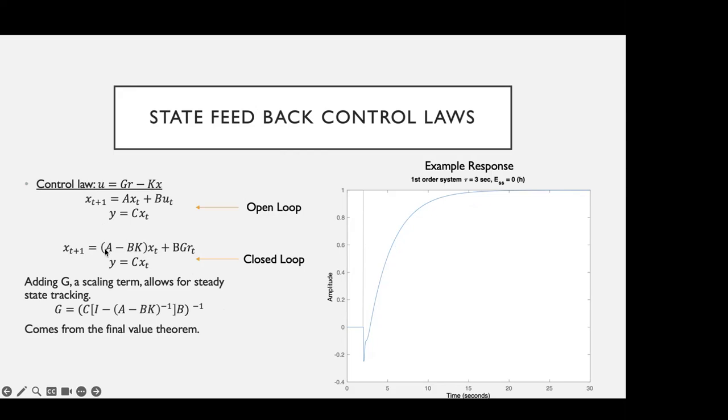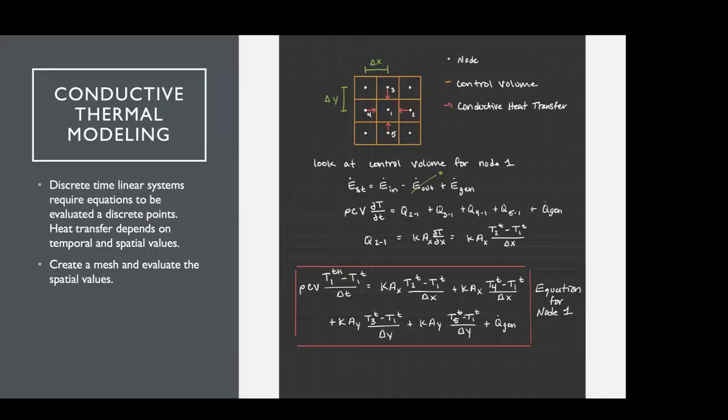And you can use K to change those eigenvalues. For steady state tracking, you've added this G term, and essentially this is the formula for G, but it comes from the final value theorem for state space systems. So that's essentially a quick background on controls.